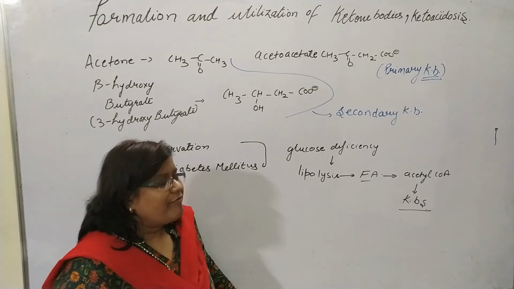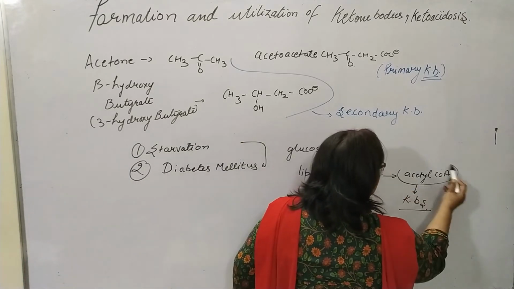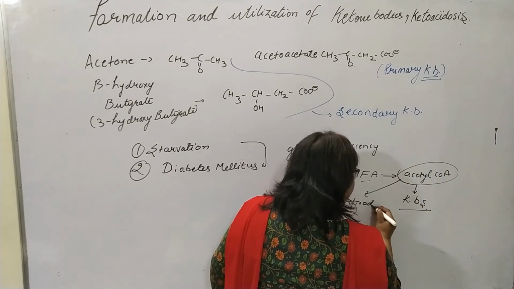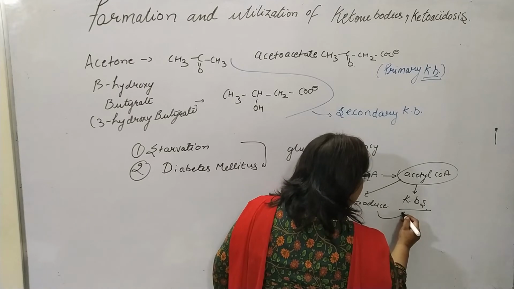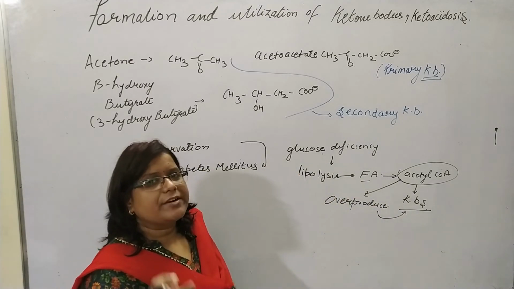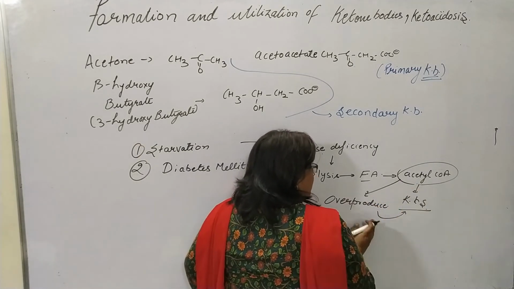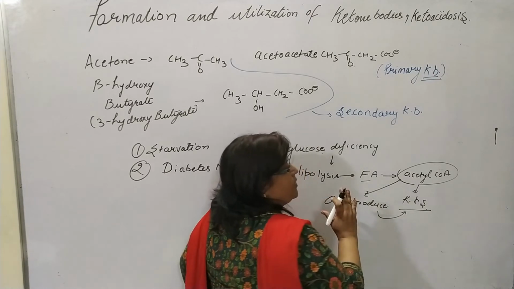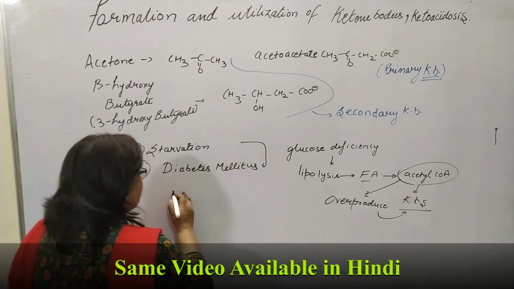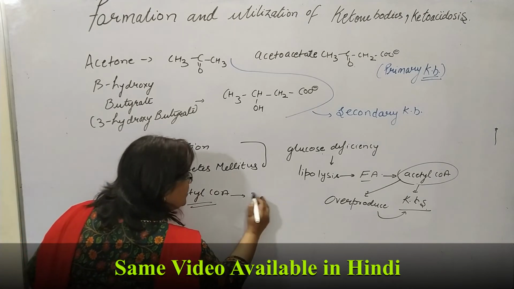So when acetyl coenzyme A is overproduced, it leads to generation of ketone bodies. The main thing: what is the function of acetyl coenzyme A?